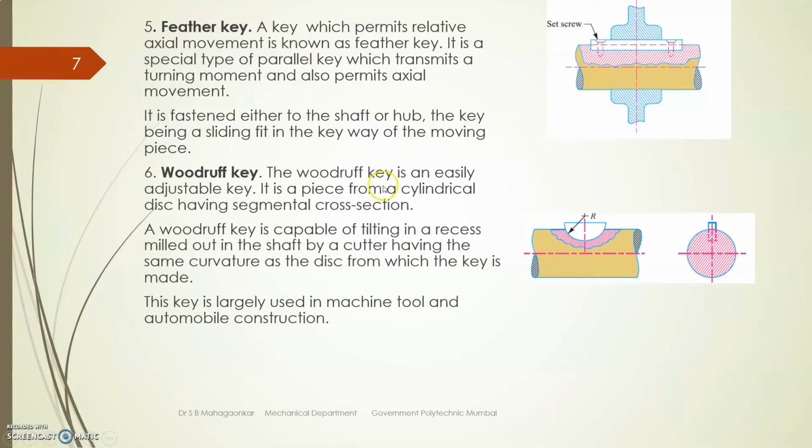And this is a Woodruff key. The Woodruff key is an easily adjustable key. It is a piece from a cylindrical disc having a segmental cross section. The Woodruff key is capable of tilting in a recess milled out in the shaft by a cutter having the same curvature as the disc from which the key is made, so that the hub portion can be easily fitted onto it.